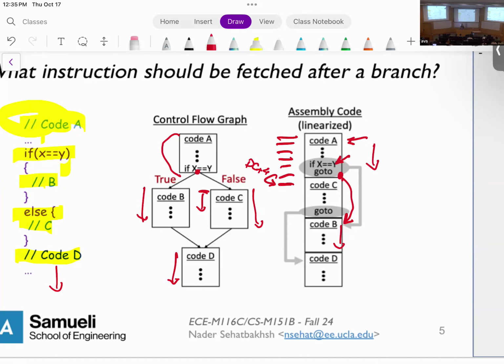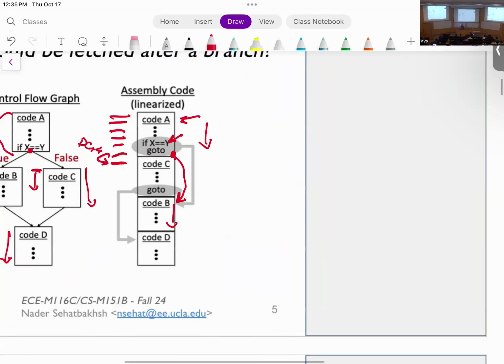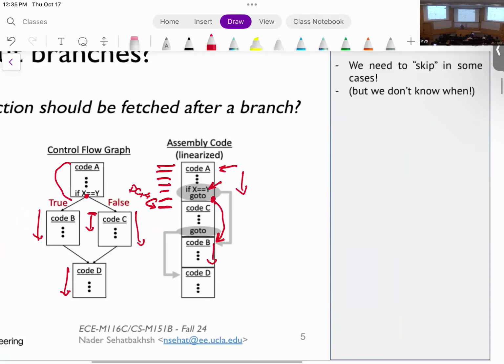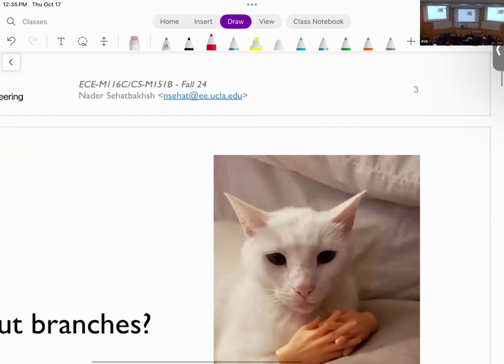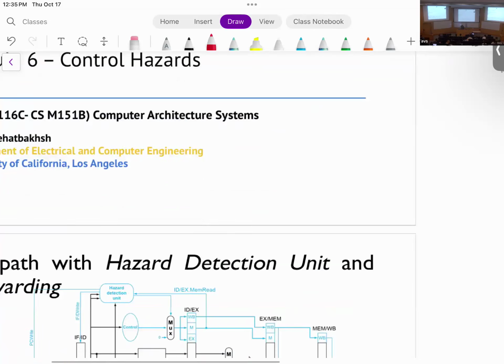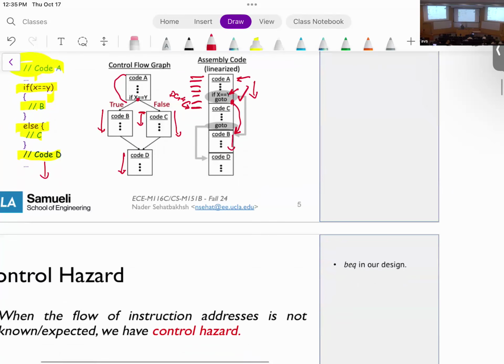But another question is, how does this run on a real processor? For single cycle, we were okay, because when we finished this instruction, we knew what our target branch is, and whether the branch is taken or not, whether the condition was true. If the condition was true, then we jump.